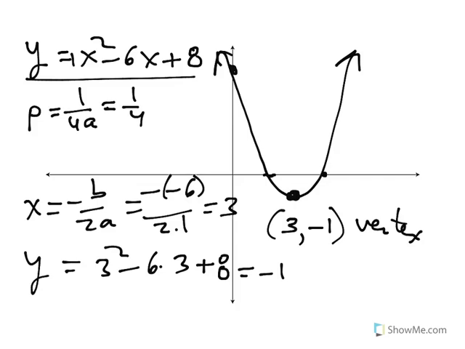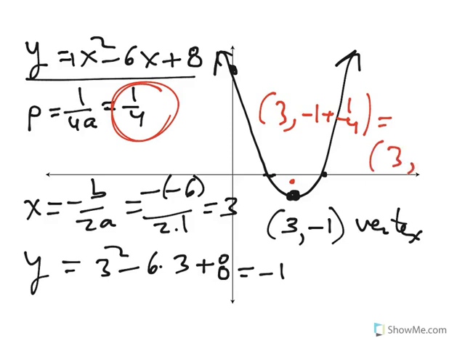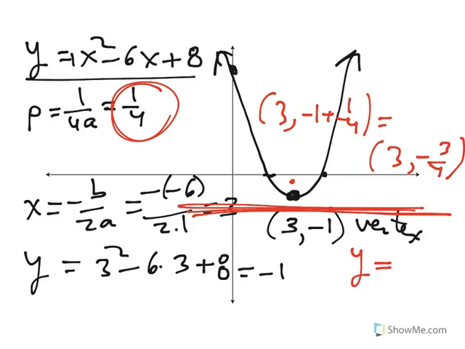The focus is going to be 1/4 above it. So the focus is going to be 3, comma, -1 plus 1/4. I like to write it that way. And then 3, comma, -3/4. That's the focus. And the directrix is going to be down here. It's going to be at y equals, not -1, but -1 minus 1/4, or y equals -5 over 4.